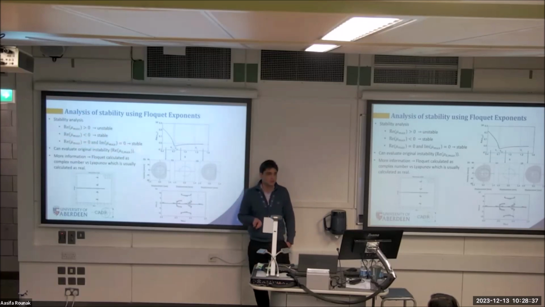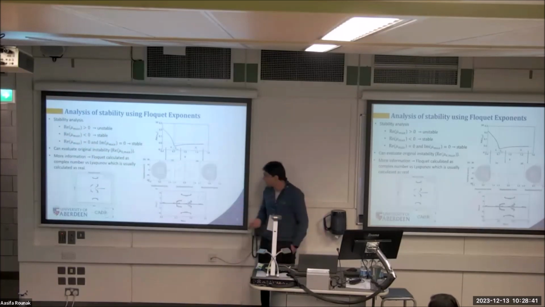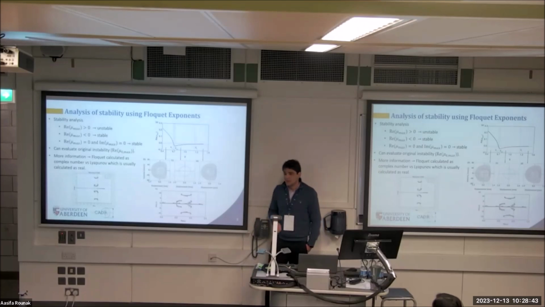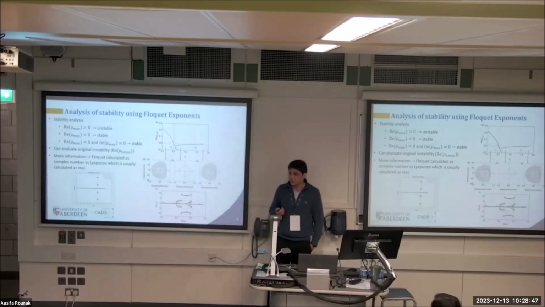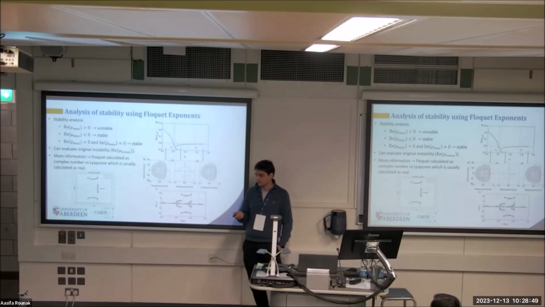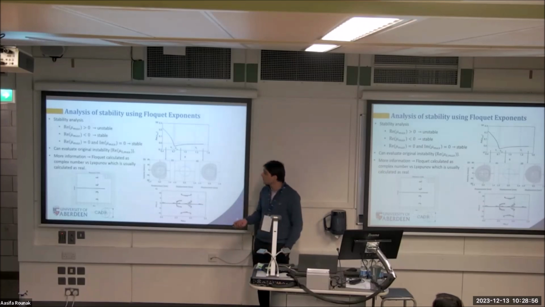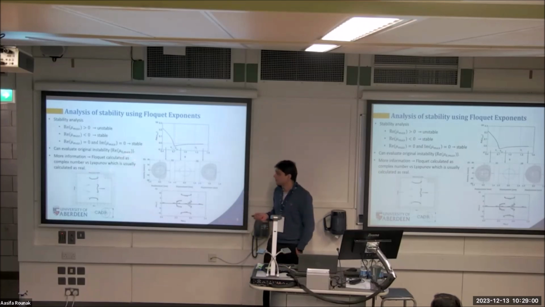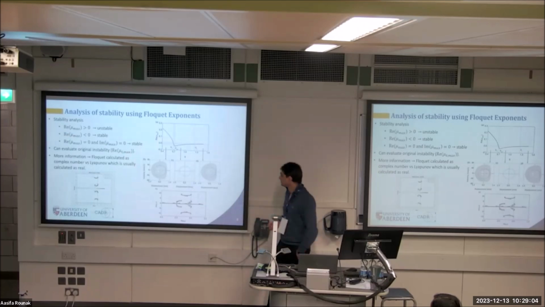If the imaginary part is zero, it's still stable. The rest are unstable. And why use Floquet instead of Lyapunov? Well, for delayed systems, our methods to extract Lyapunov exponents are usually very costly, and they usually give us only the real part of the Lyapunov exponent. While if you use Floquet, we can get the real and imaginary parts, so we have more information about our system as well.